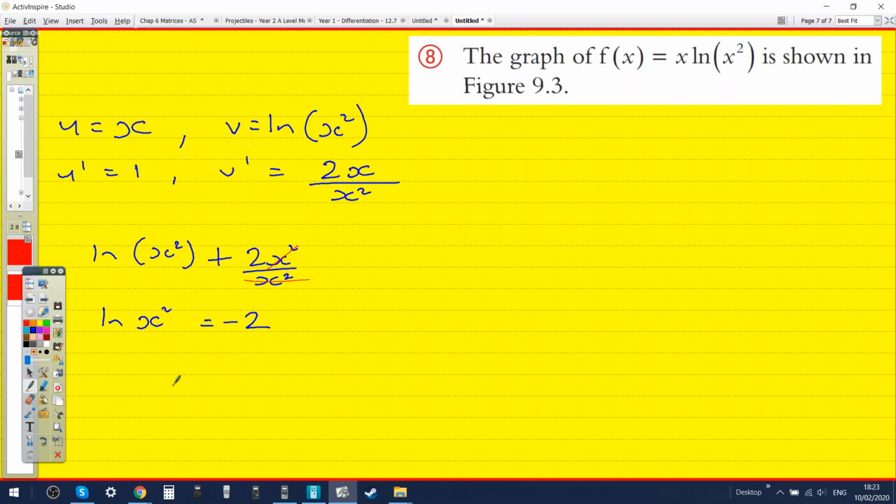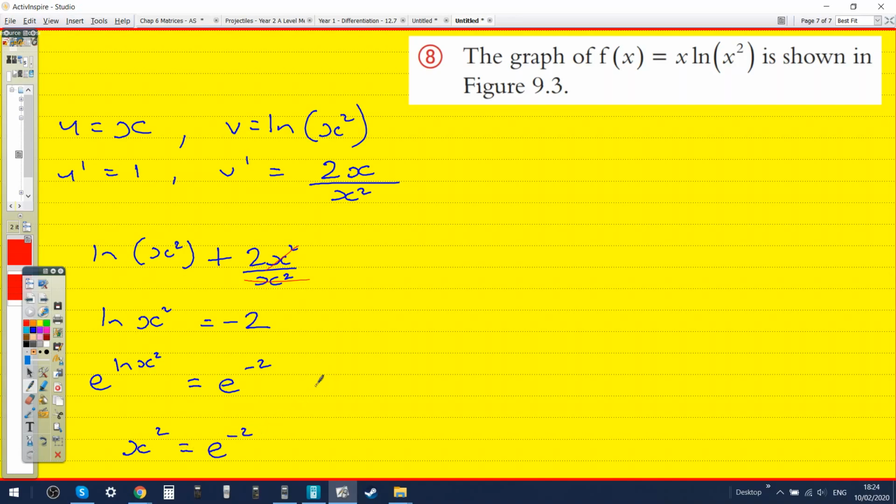I'm not sure how to solve these. To eliminate ln, you raise both sides to base e. So it's basically e to the ln x squared equals e to the -2. The left side would become x squared.